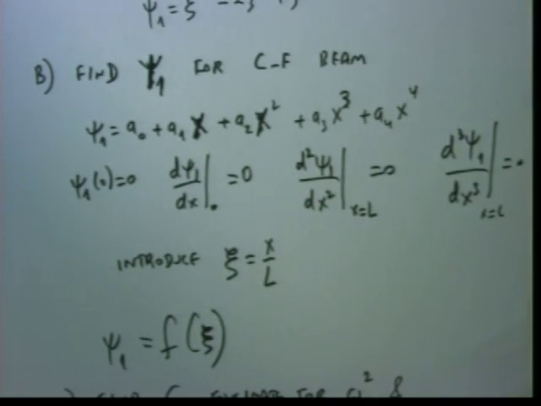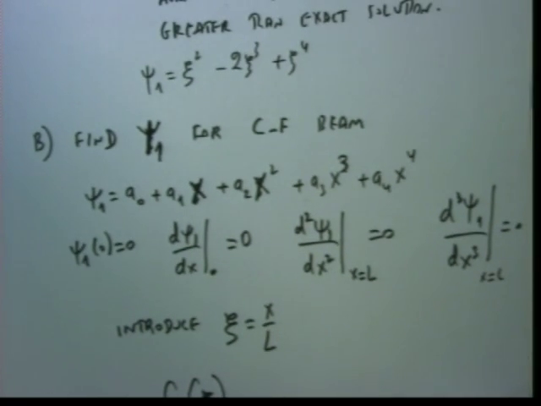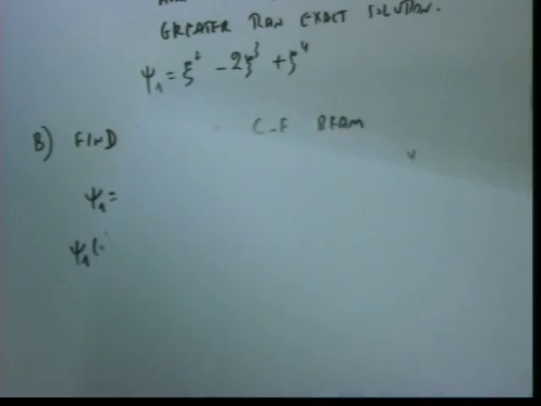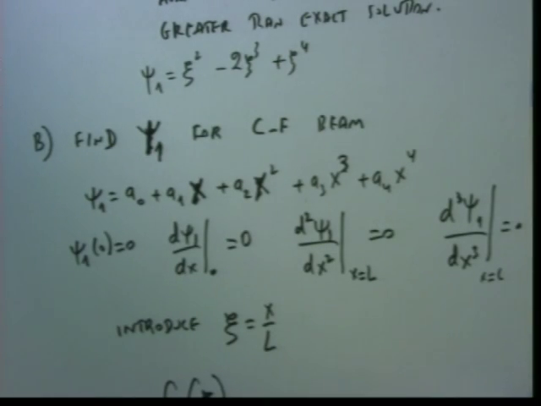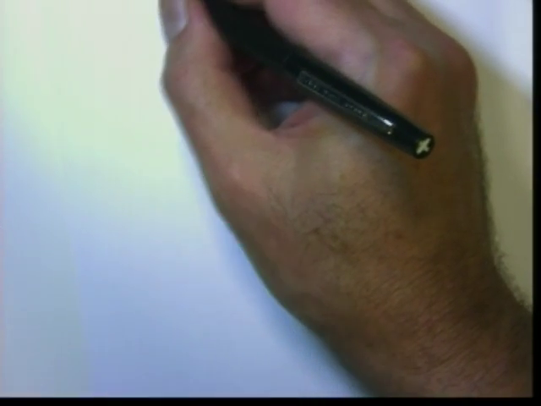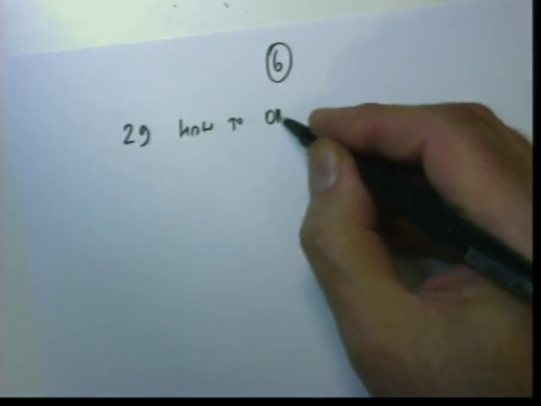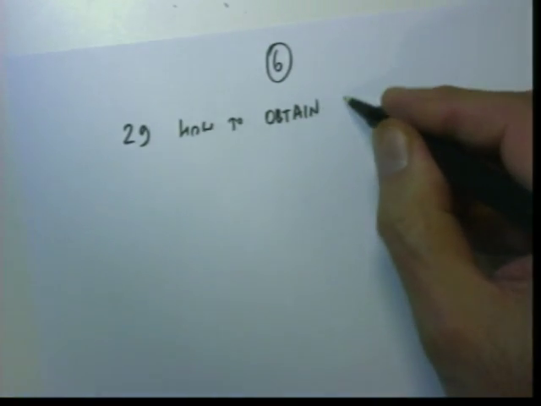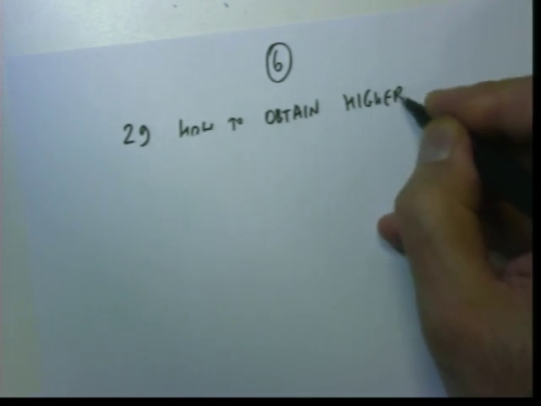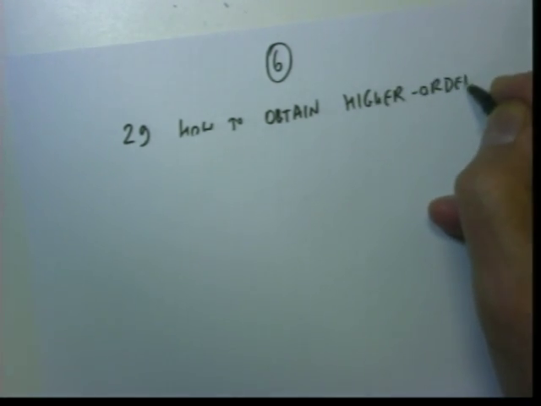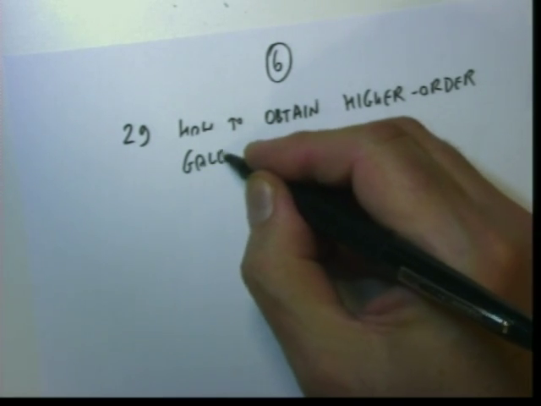Now, five, 6. And 29. How to obtain higher order Galerkin functions.